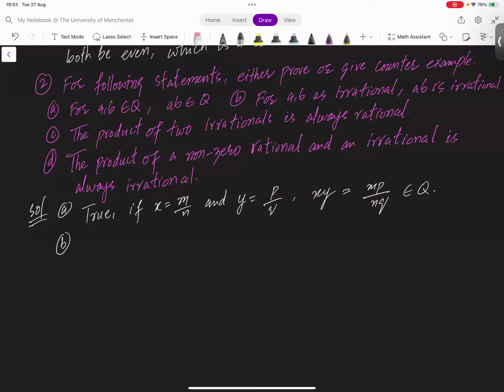Part B is for two irrationals, product is irrational, and this is false.